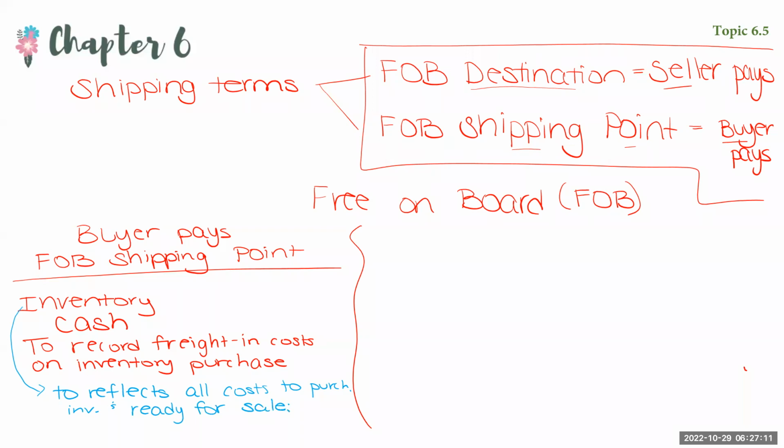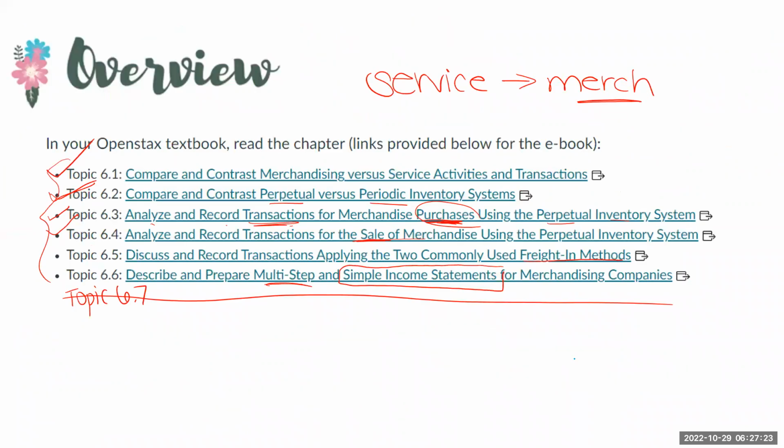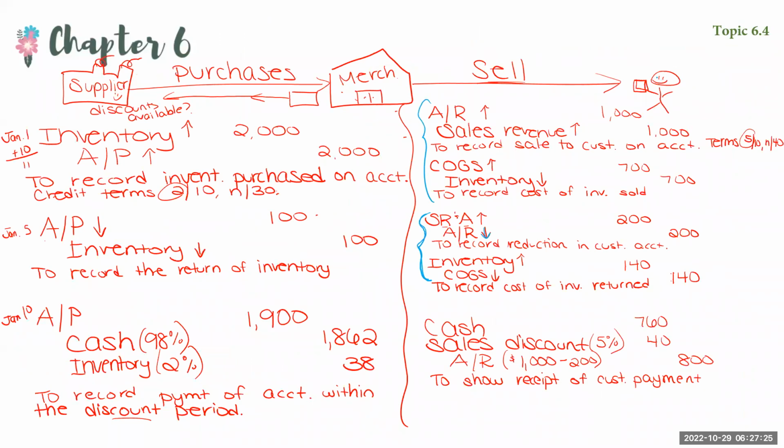Okay. So that's why in the past, we increased inventory for the purchase price. But we have to make sure that that inventory is not still at our supplier. Otherwise, when our customers come in and they don't see any inventory on the shelf, they're going to be sad. So in order to get that inventory ready for sale, we're going to have to pay for all those shipping costs and record it to the inventory account.